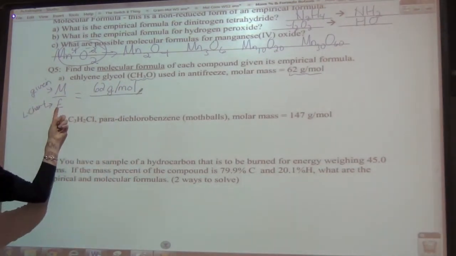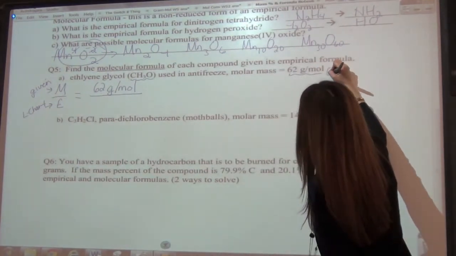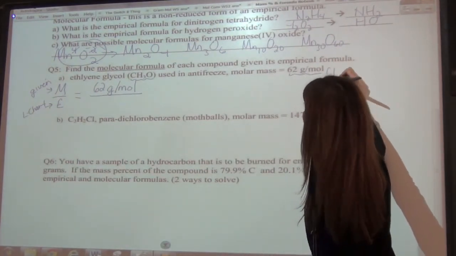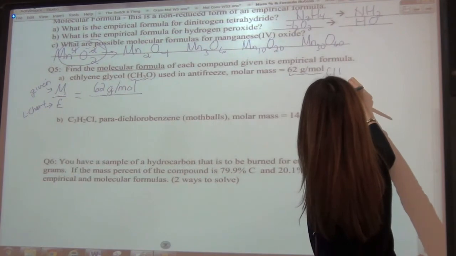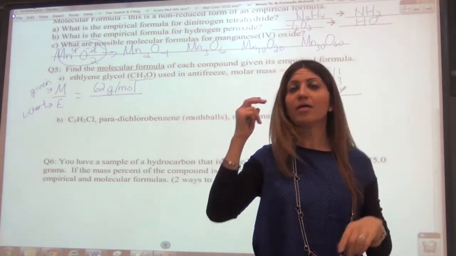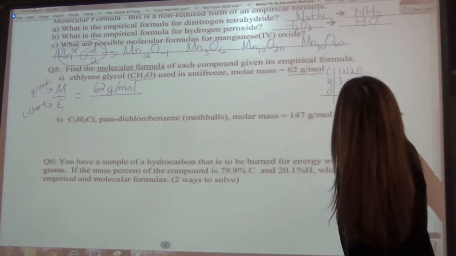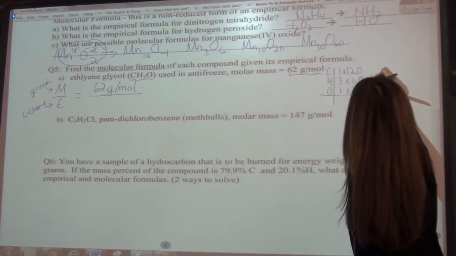Now we need to L chart the empirical. So all we're going to do is we're going to do a little L chart here. Now, you may be at the point where you don't necessarily need to L chart completely out. You can just do it in your calculator. I don't mind, okay? So in this case, we've got 12, we've got 1, and then we've got 16.